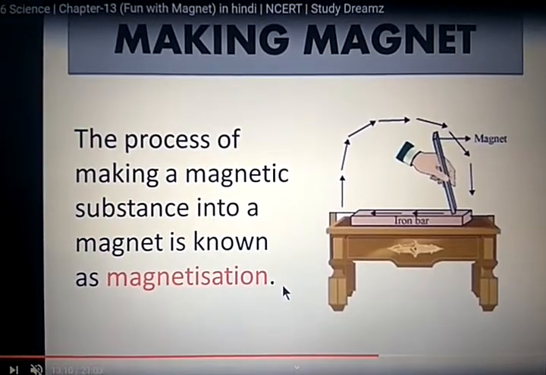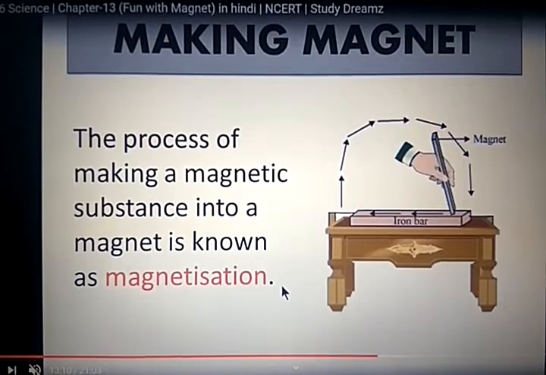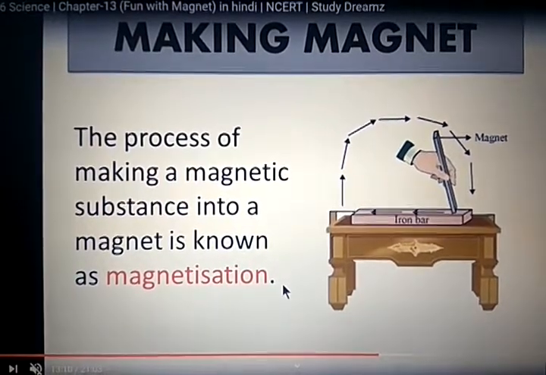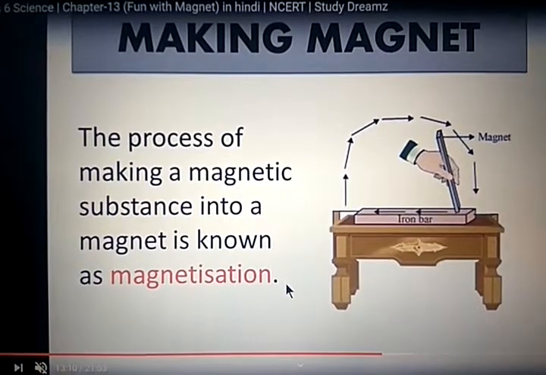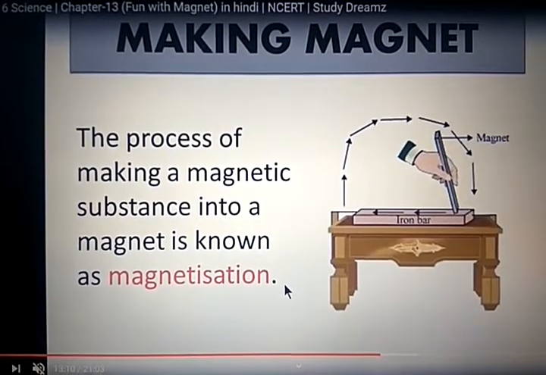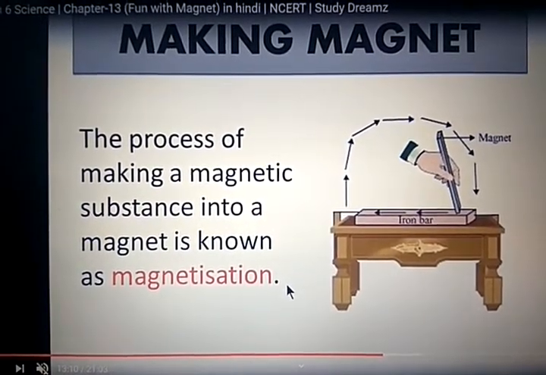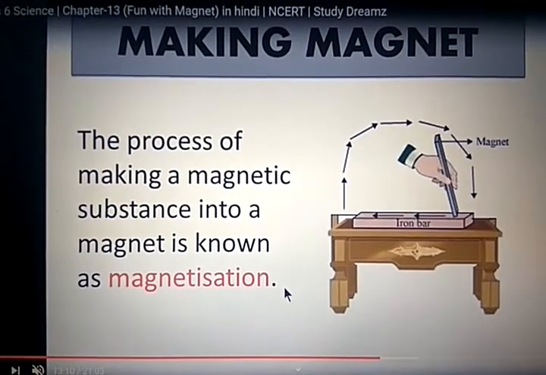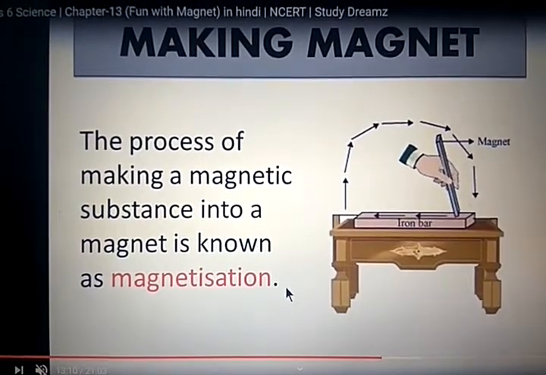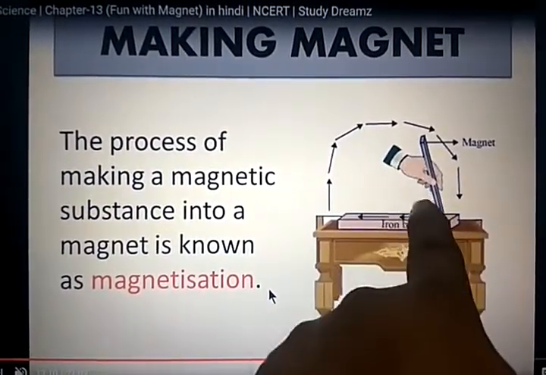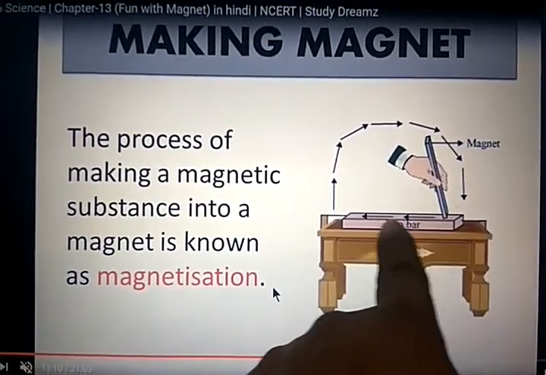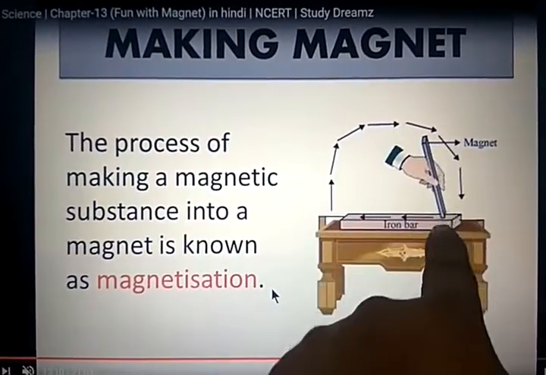Now he is rubbing the magnet in one direction only, right? So he starts to move. You see here the arrow is there. Okay, so you have to rub in one direction only, correct? He is rubbing this magnet on this iron bar in this direction.